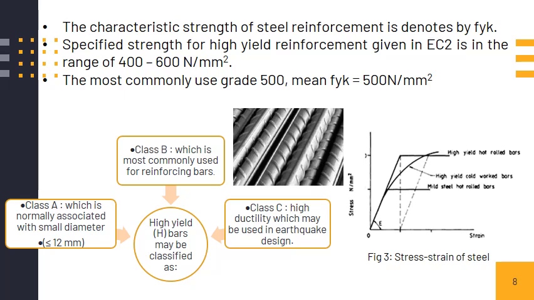We have three types or three class of high yield bar, which is class A, B, and C. Class A is for bar size less than 12 mm. Class B is for bar size more than 12 mm, which commonly we use. And lastly, Class C is for the earthquake design, where it has a higher ductility.